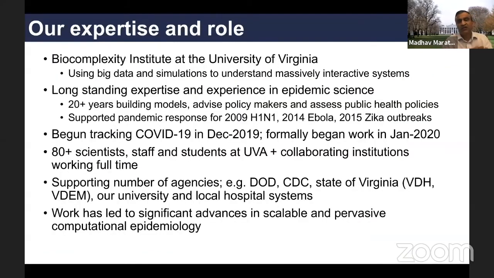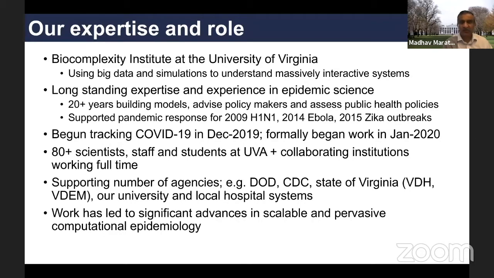So we at the Institute have been working on this general problem for a long time now. We've been doing epidemic modeling for 20 plus years, I would say closer to 25 years now. And we have supported the US government as well as state and local governments and international authorities throughout the last 20 years on larger pandemics.